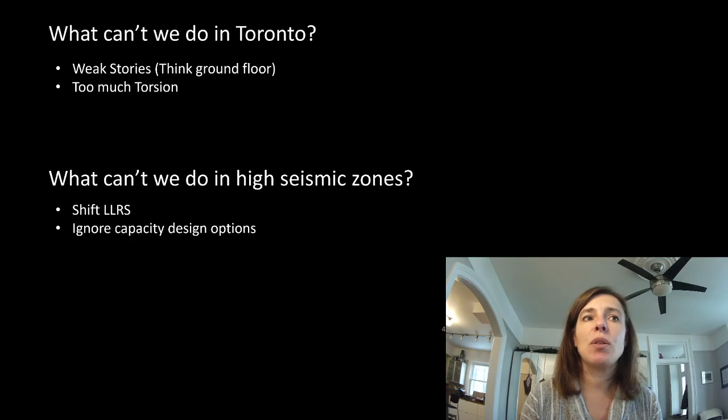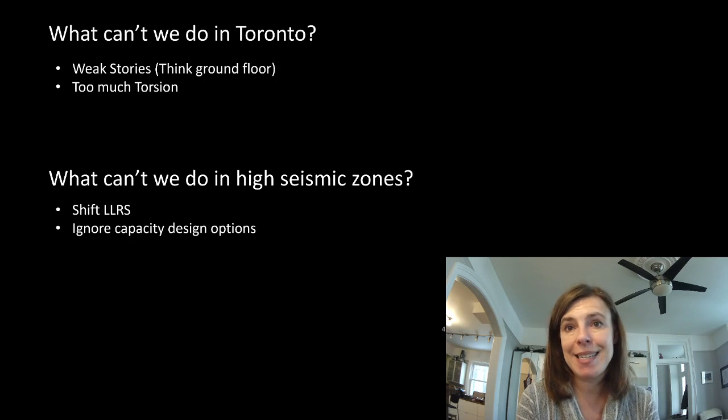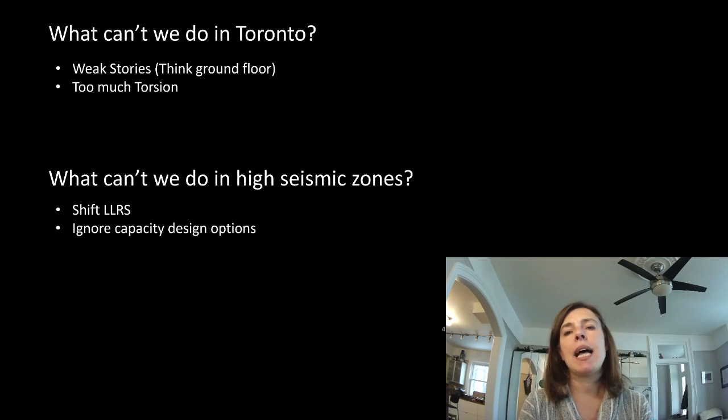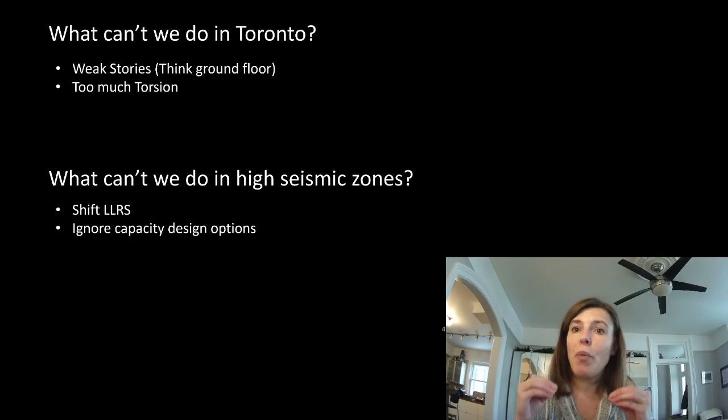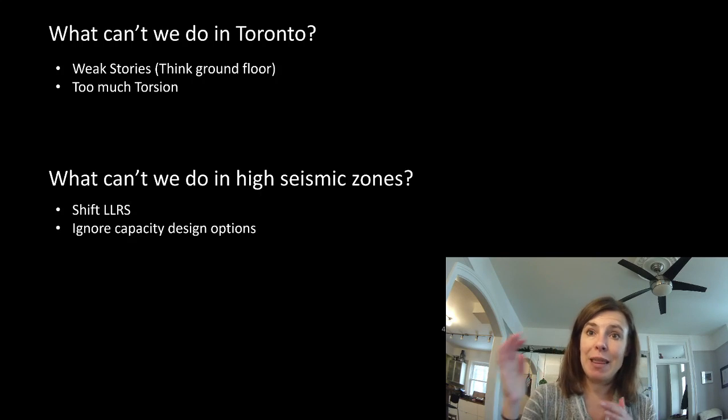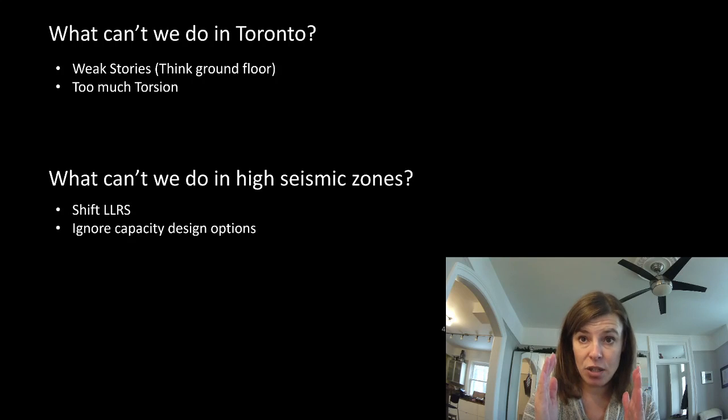In high seismic zones, there are very specific capacity design requirements. Capacity design means that we actually allow the building to move. And once we allow the building to move, we can lower the loads on the building. But if we get it wrong and we actually make the building stiffer than we intend to, all of a sudden we attract more load and our building fails.